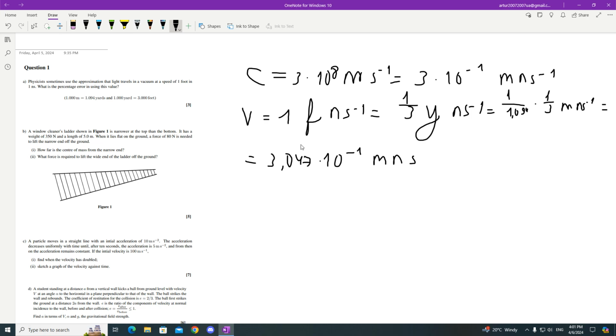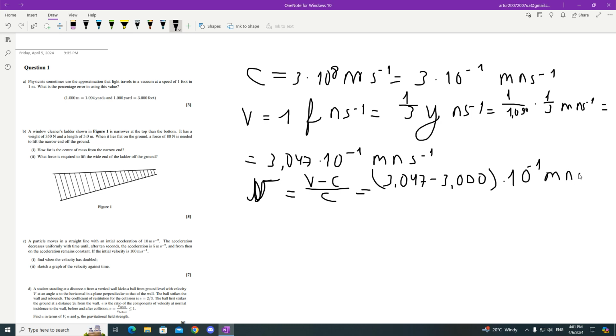It's obviously bigger, so the percentage error is positive. The percentage error is equal to the difference of values over the original value. So it's equal to (b minus c) over c, that's 3.047 minus 3.000, with 10 to the minus 1 meters per nanosecond, over the original value, 3.000 times 10 to the minus 1 meters per nanosecond.